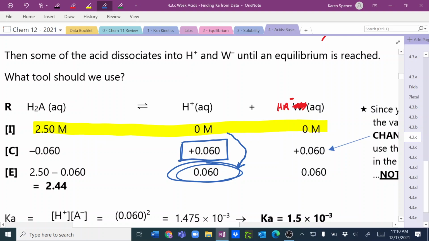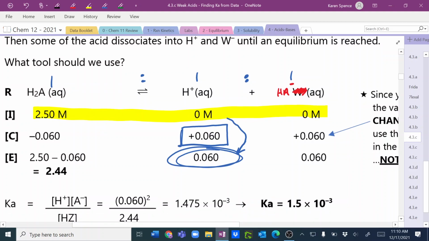Okay, so we can solve for that. And now, because everything is 1 to 1 to 1, we can fill in all the changes as being 0.0060. Yes? So if you know the initial and you know the equilibrium, you can find the change.